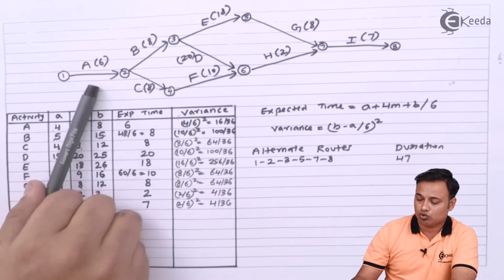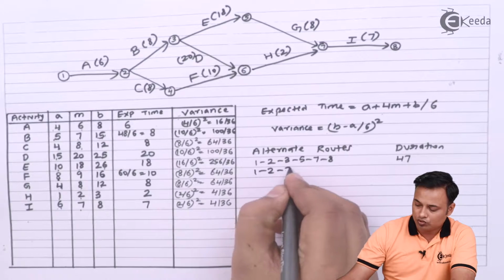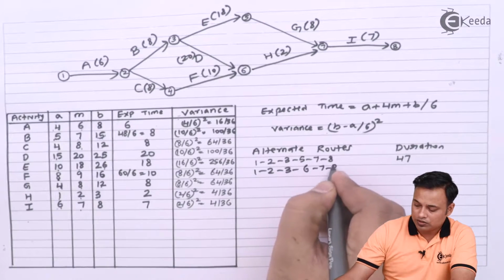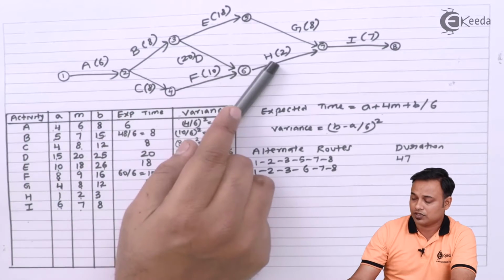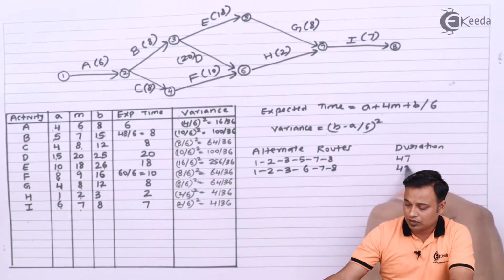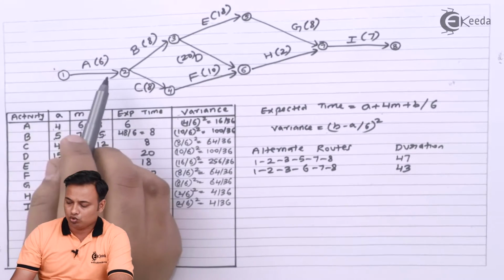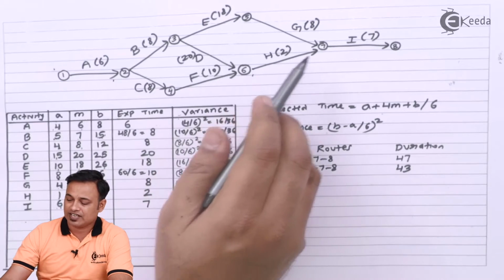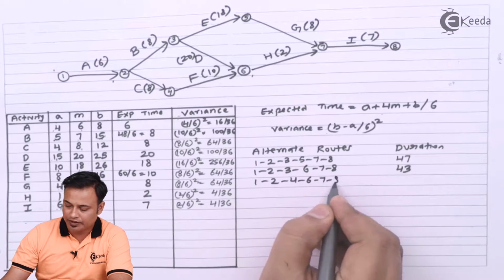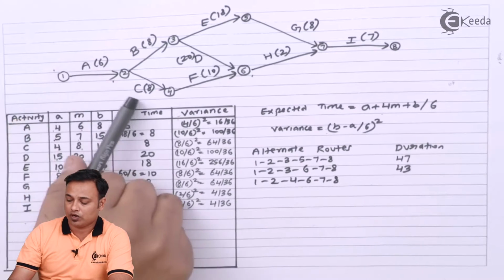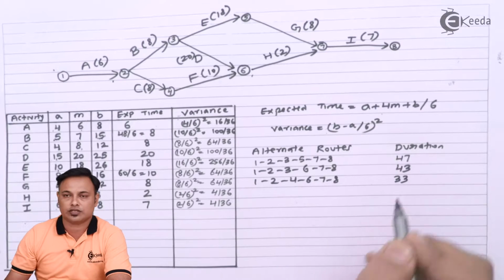Next will be 1 2 3 6 7 8, which will be 6, 14, 34, 36 plus 7, 43. So now we have the third alternate route, that is 1 2 4 6 7 8, which will be 6, 14, 24, 26 plus 7, that is 33.